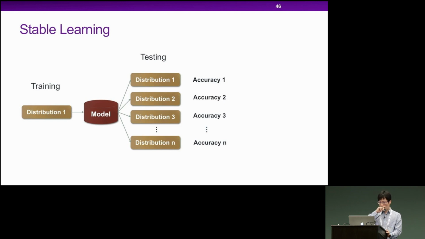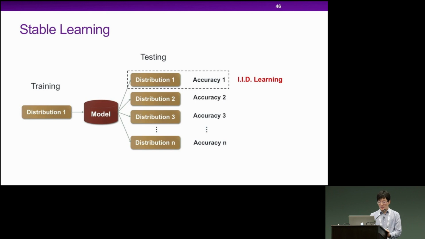Here you can see that we have the training data drawn from distribution 1. When we train a model and then test it, there may be different distributions in the testing. If you train the model on distribution 1 and optimize the testing accuracy also on distribution 1, this is IID learning. Most of today's models are doing that.